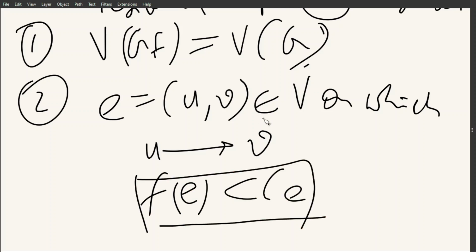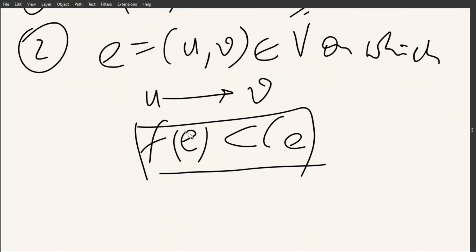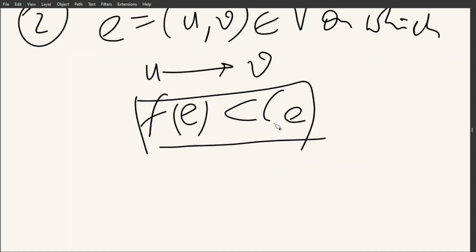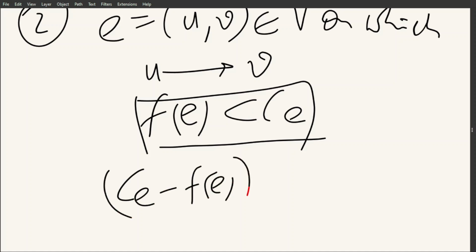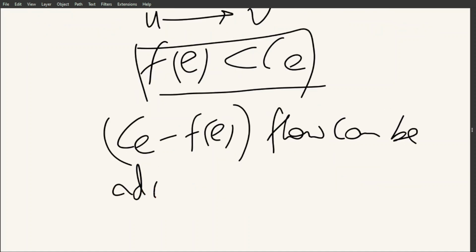We have a flow of FE and its capacity is CE, so how much can we increase the flow? We can increase it by CE minus FE. This CE minus FE amount of flow can be added along E. This is our observation.